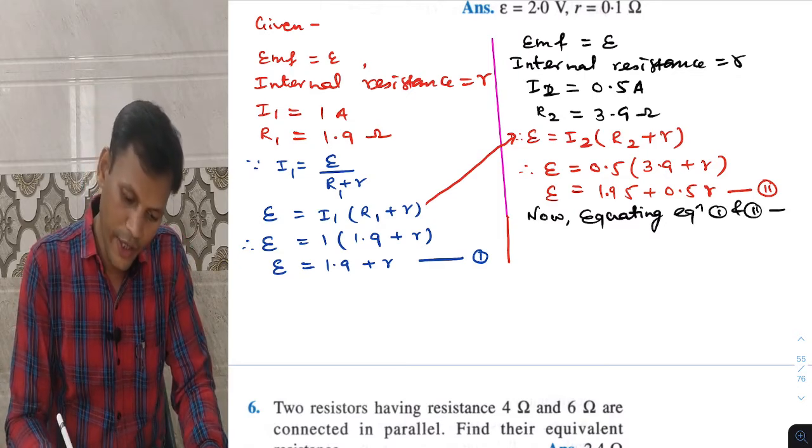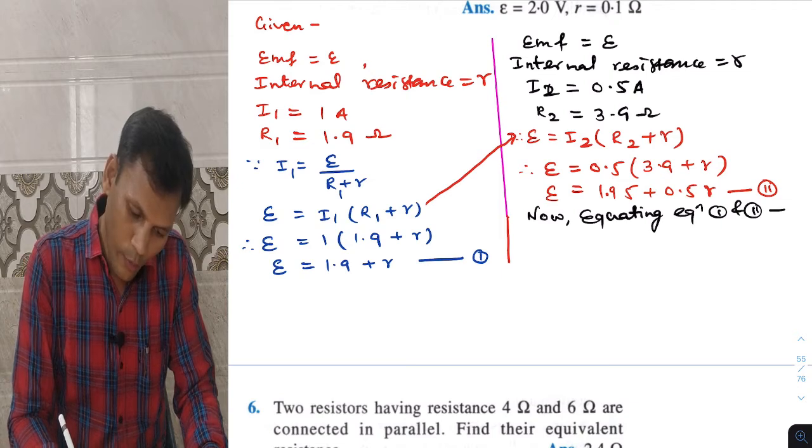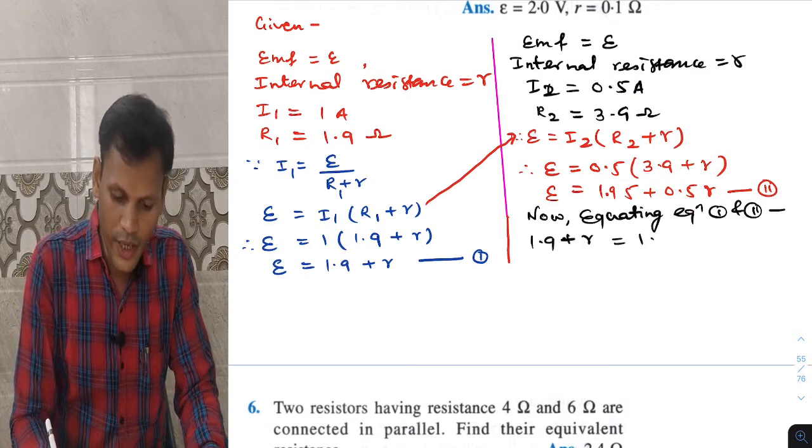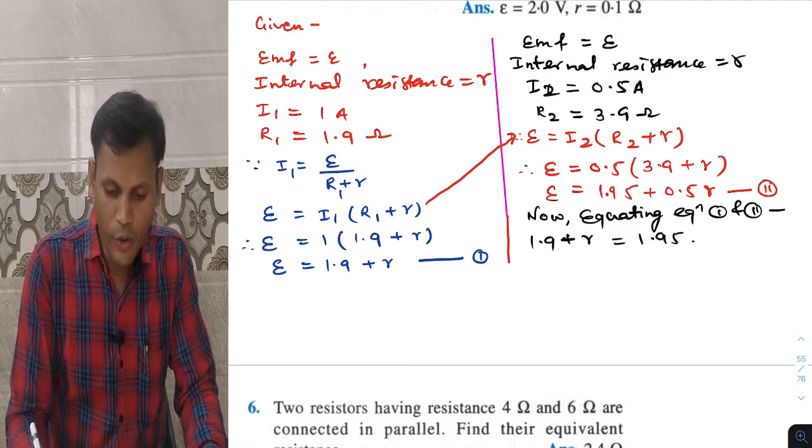By equating equation 1 and 2, you will get 1.9 plus r is equal to 1.95 plus 0.5 r, right?